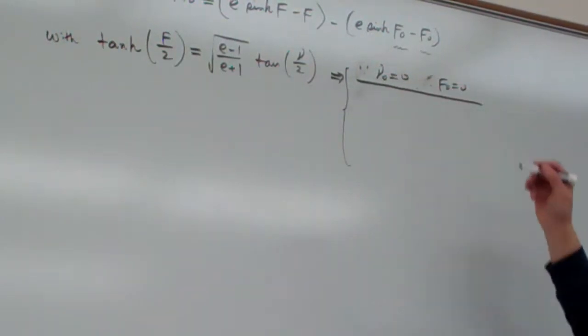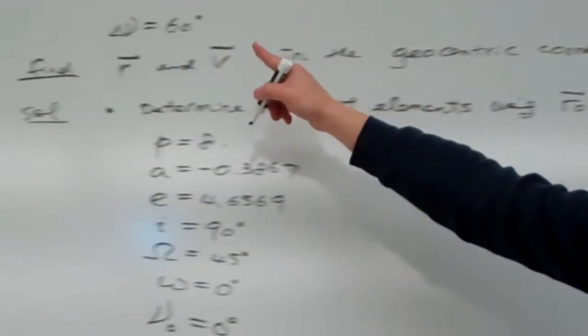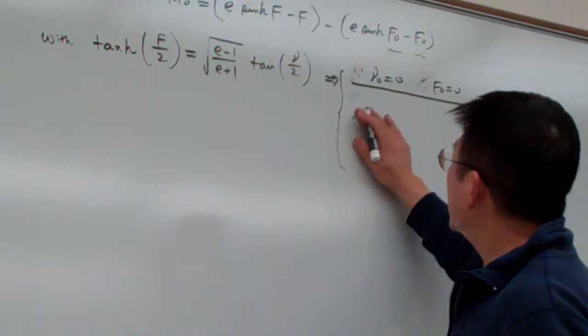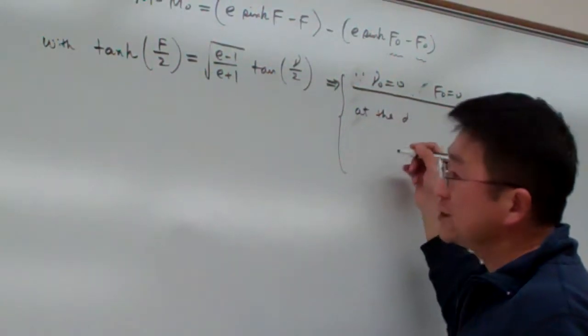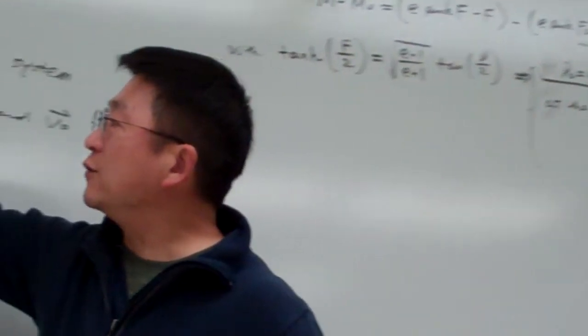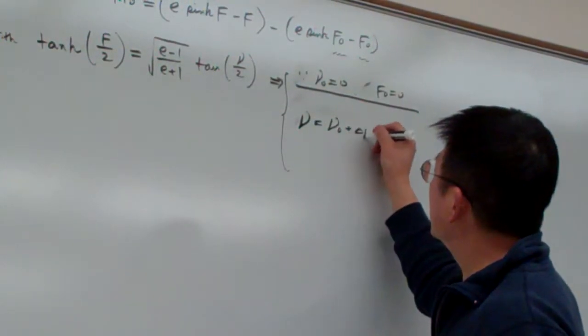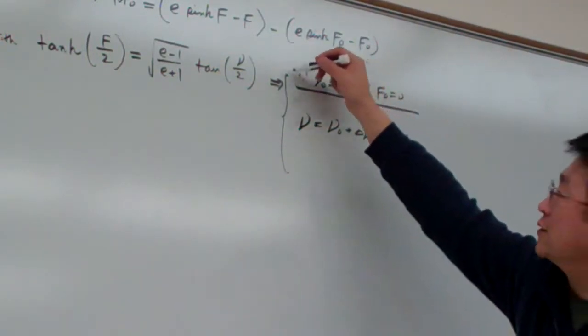So this is for our initial conditions. And now we are traveling by that much true anomaly angle, so at the destination, let me say nu equal to nu0 plus delta nu, and that is 60 degrees. Okay, so that's the first piece.